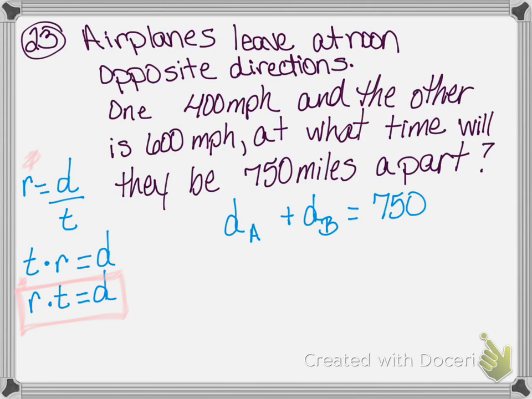So I can represent the distance of plane A by saying 400 miles per hour times t. So it goes 400 miles per hour, and if I multiply that times the time that it's traveling, then I have the distance that plane A is traveling.